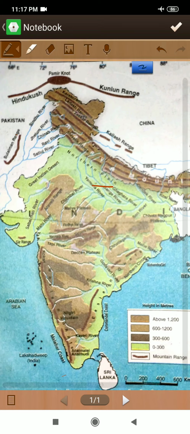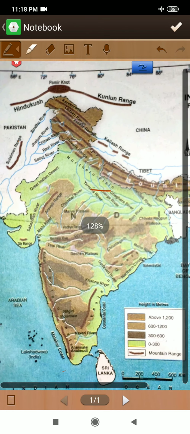In the last session we discussed the Peninsular Plateau. What is the Peninsular Plateau? It is surrounded by a narrow belt of plain from Kutch to Odisha.